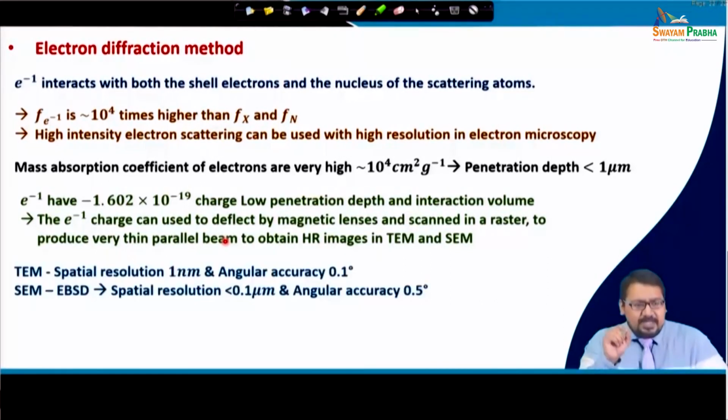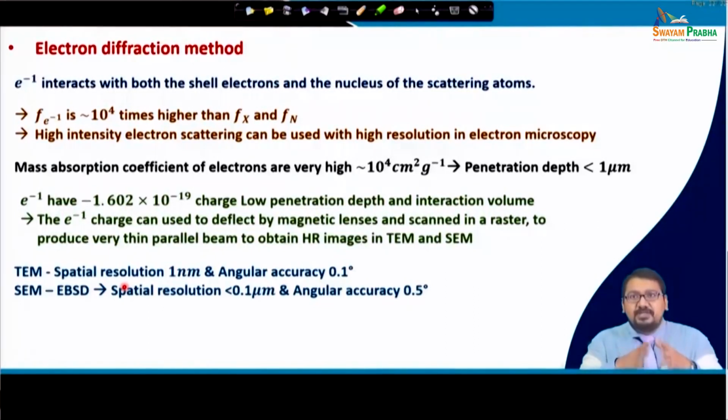So you see that in case of TEM, the spatial resolution of the electrons can be obtained up to say 1 nanometer, which is extremely high, and the angular deviation is less than 0.1 degrees. Whereas in case of ACM and EBSD particularly, where we are getting quantitative microscopy, the spatial resolution is less than 0.1 micrometer and accuracy level of 0.5 degrees.